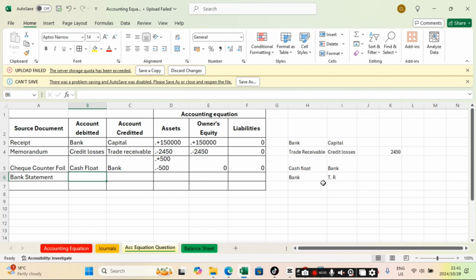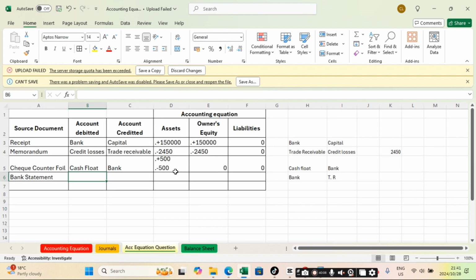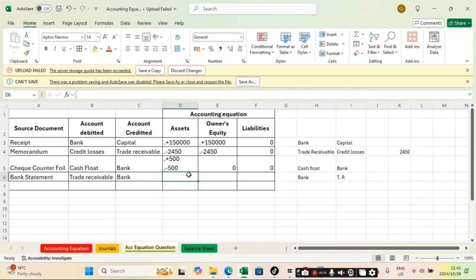Which account is debited? The account debited is our trade receivable. And then what do we have? The bank will be credited. Straightforward.